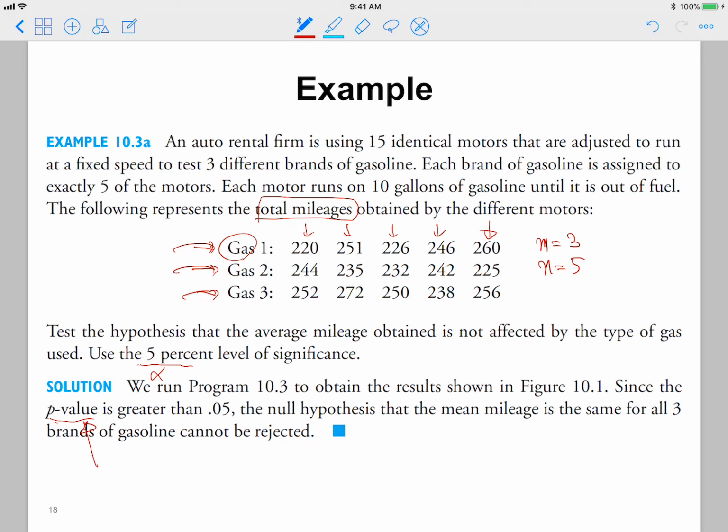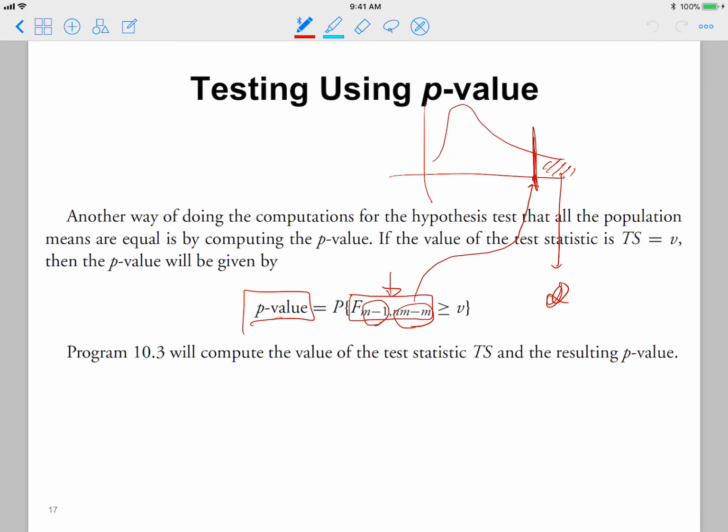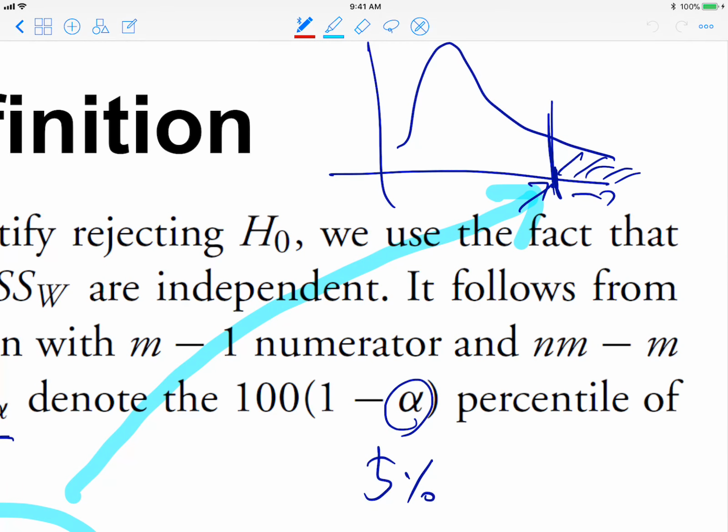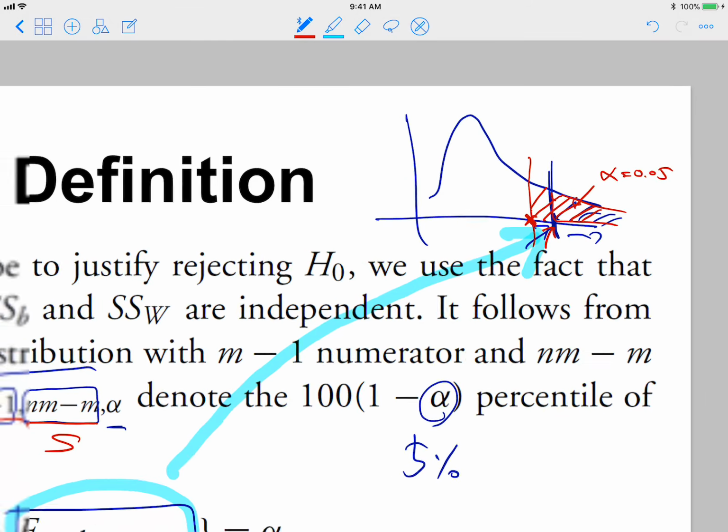But if the p-value is greater than 0.05, it means our test statistic was found around here, so our p-value is greater than the predefined 5% probability.